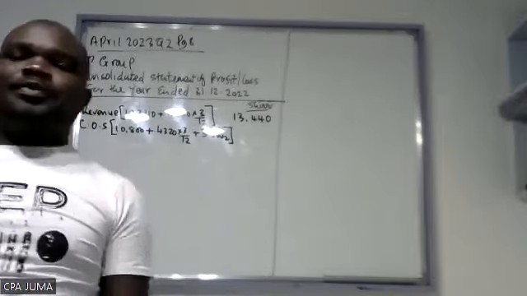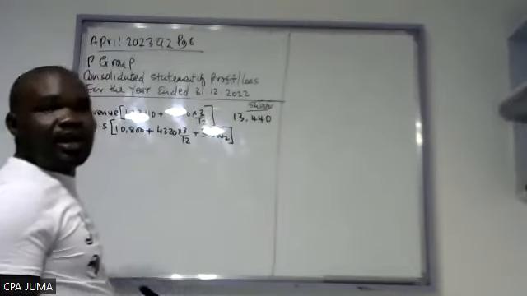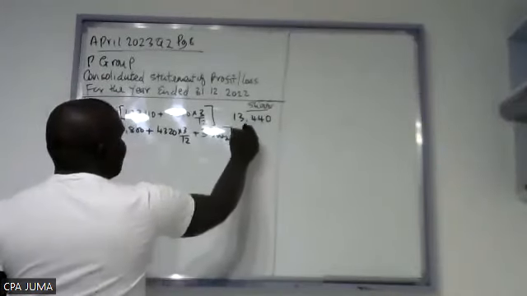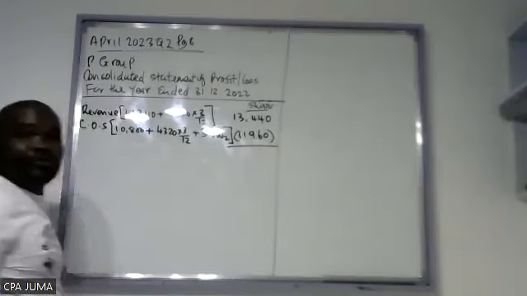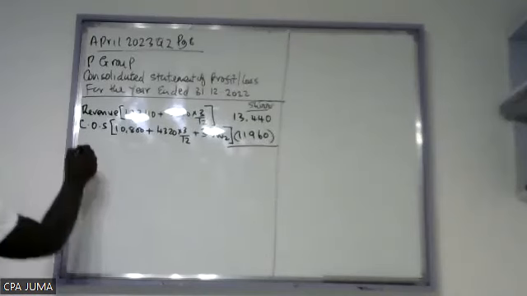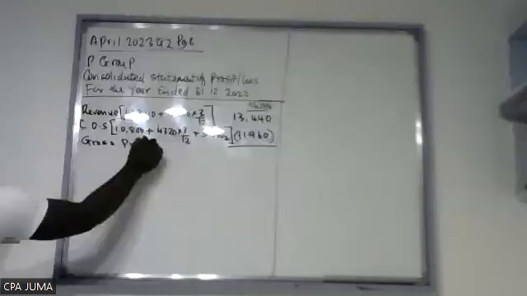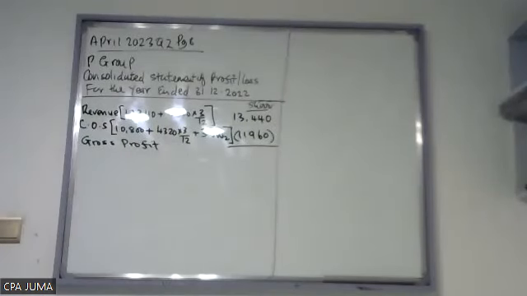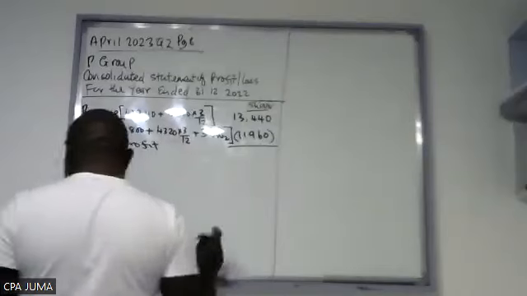How much? 11,960. You subtract. The difference is gross profit. So how much is the gross profit? 1,524. Thank you.